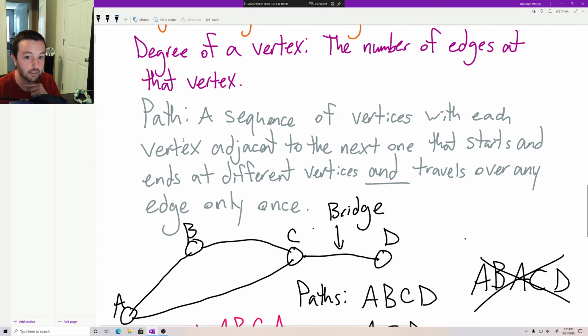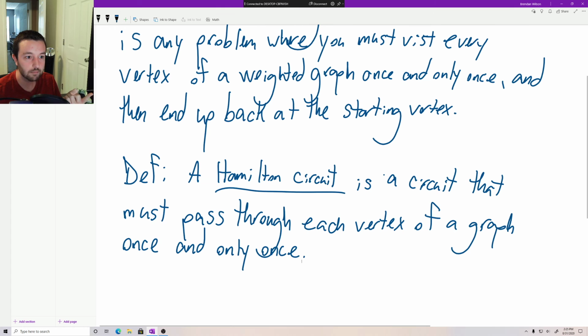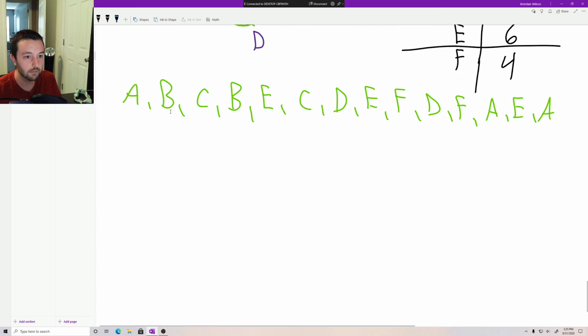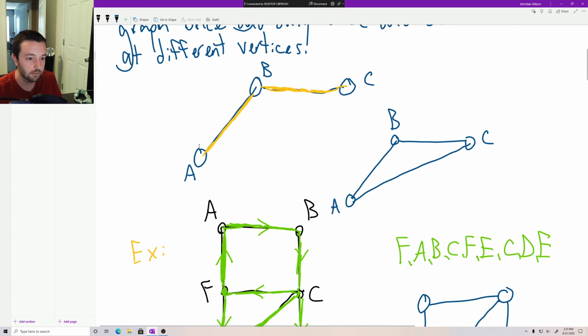And if we go back to our definition of a path, it travels over any edge only one time. So with the Euler circuit, we could travel over the edge only one time. But with the Hamilton circuit, we also have to travel through the vertex only one time, right? So, just go back here.